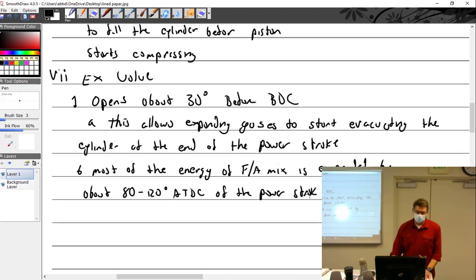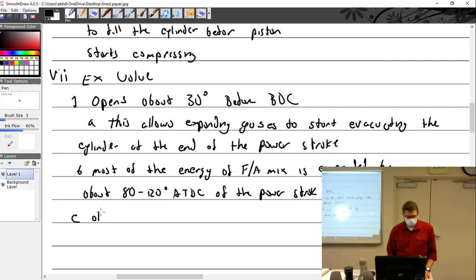And since a stroke is 180 degrees, it would make sense, what they're stating here. So if you're done by 80, you still have another 100 left, or 120, and you still have 50 left. Open up the valve when it's all done.